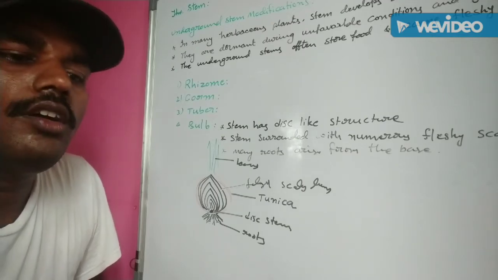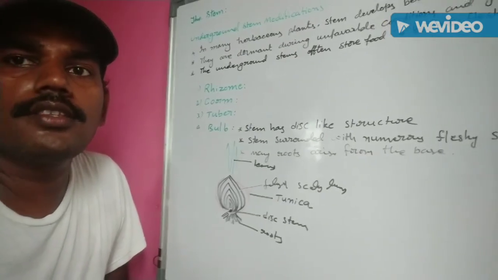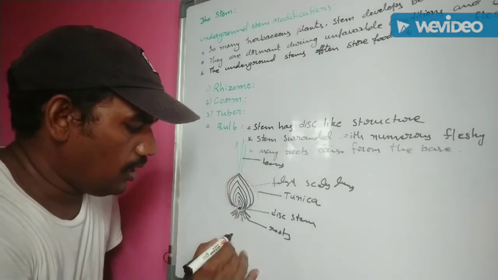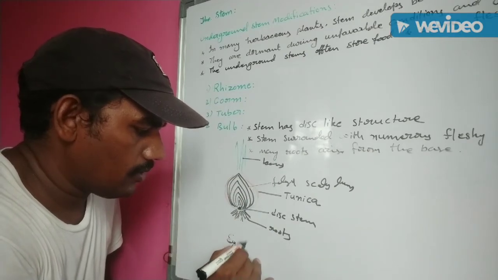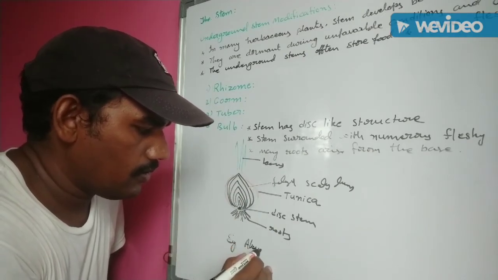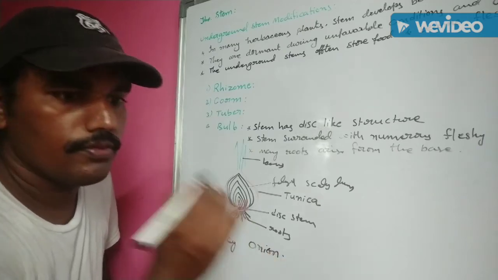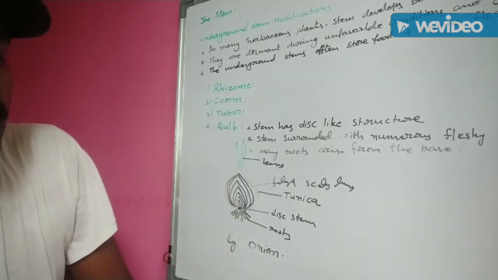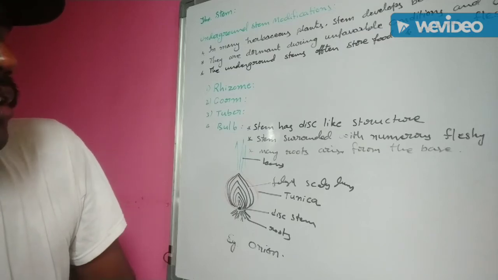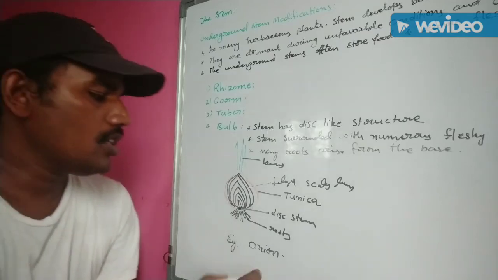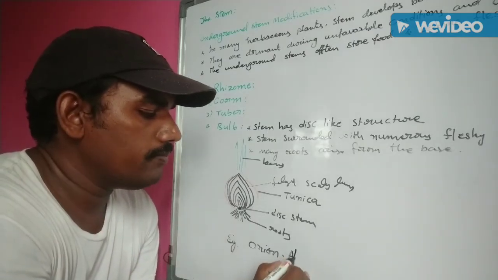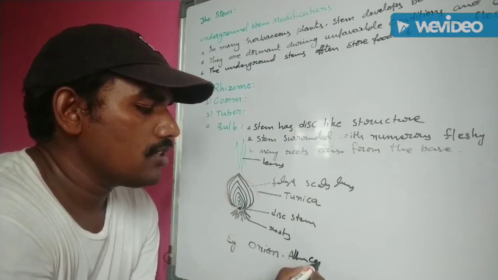You know already, one of the best examples is Allium cepa, onion. Okay, onion is the best example of bulb, scientifically called Allium cepa.